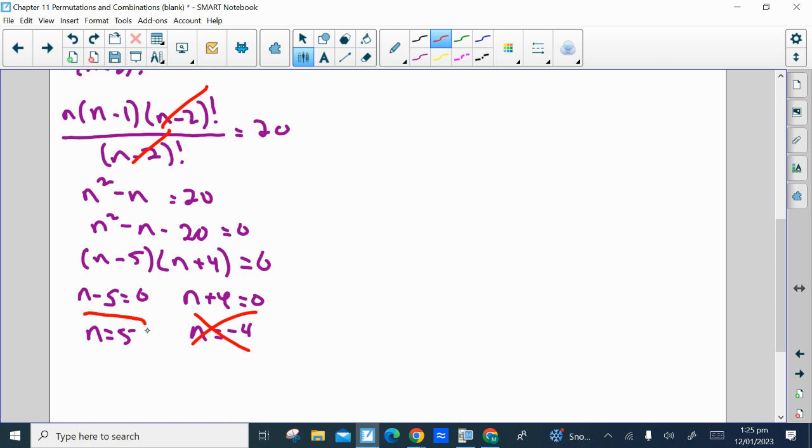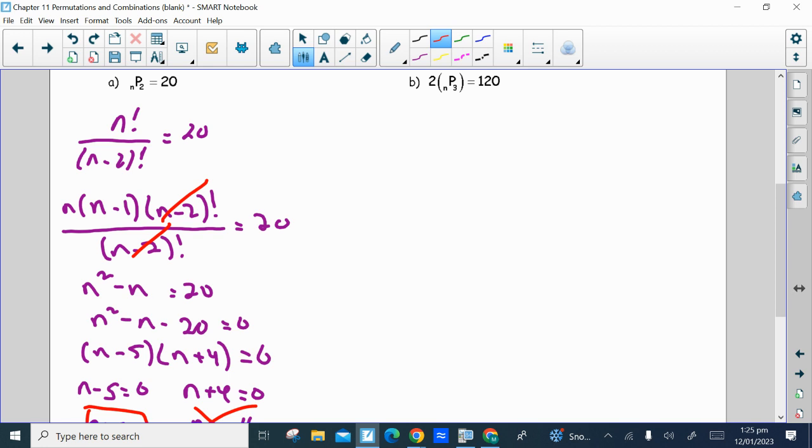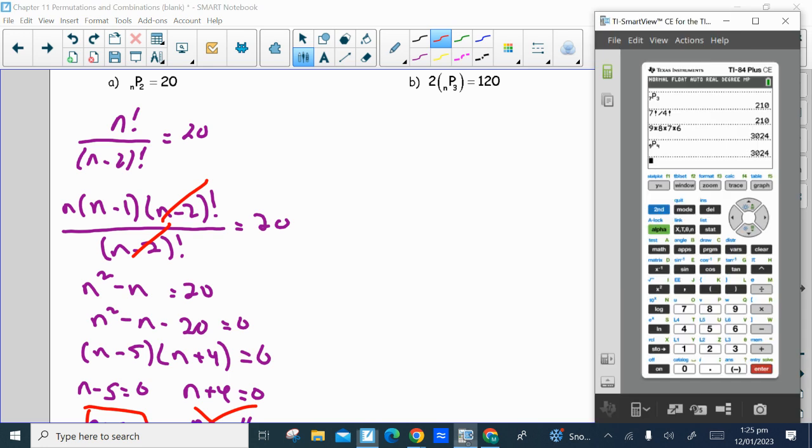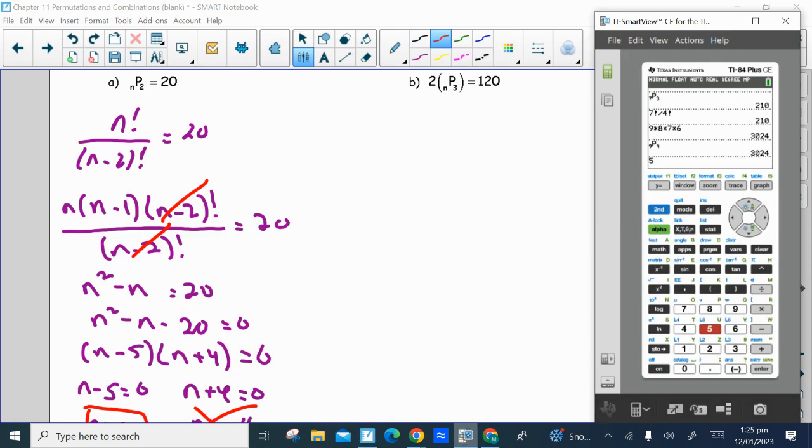So our only answer should be that n equals 5. And we can check that by going 5P2 in our calculator to make sure we get 20 as the answer. So 5P2 does equal 20, so we know our answer is correct.